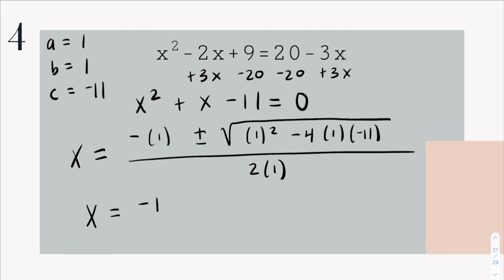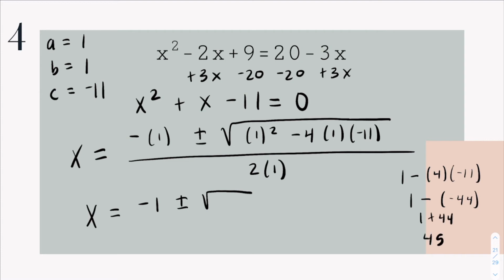So we have negative 1 plus or minus. And our discriminant is going to be a 1 minus 4 times negative 11, which gives us a positive 45 as our discriminant, all over 2 times 1, which is 2.